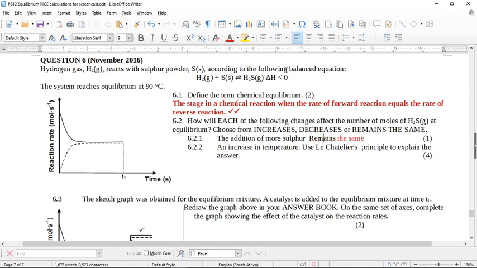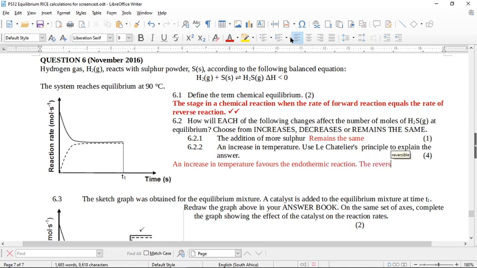Okay, an increase in temperature. Use Le Chatelier's principle to explain the answer. Okay, so let's make sure we make everything in short, sharp statements. An increase in temperature favors the endothermic reaction.